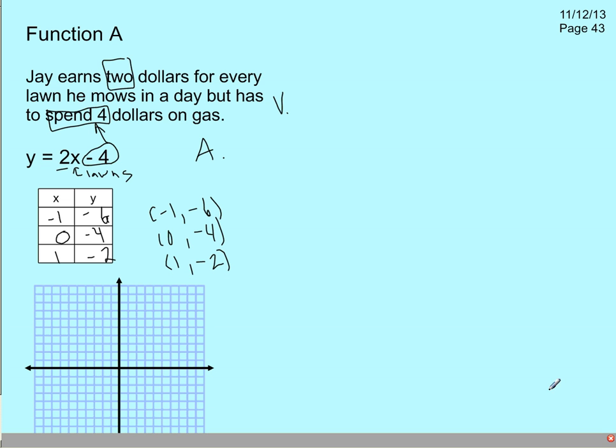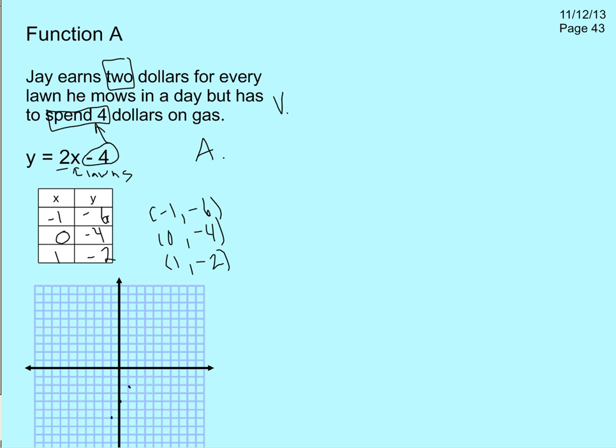If we then take that and turn it into a graphical representation, we're going to plot our different points from our XY table. So we're going to go left 1 for my first ordered pair, and then down 6, 4, 5, 6, right there. We have 0, -4, which is going to be right there, and we have 1, -2.